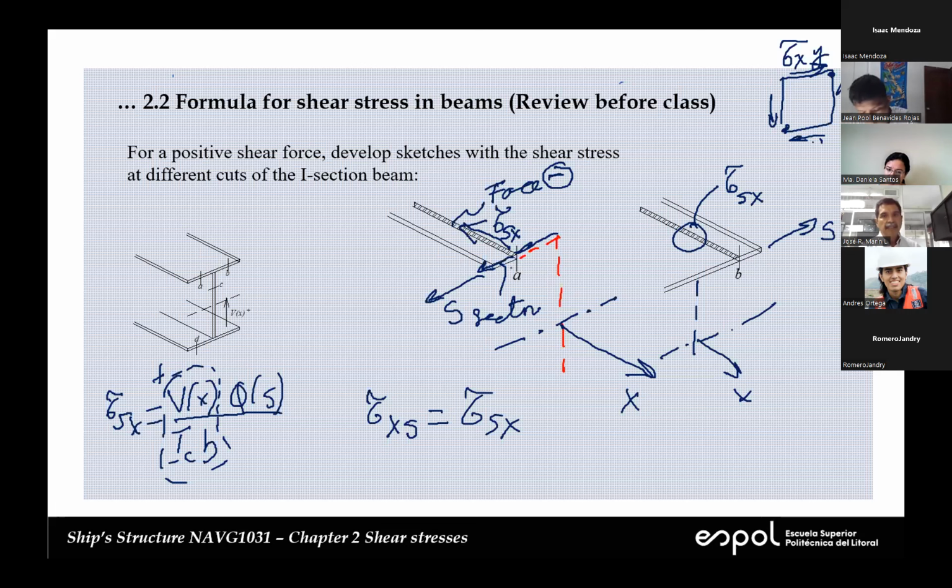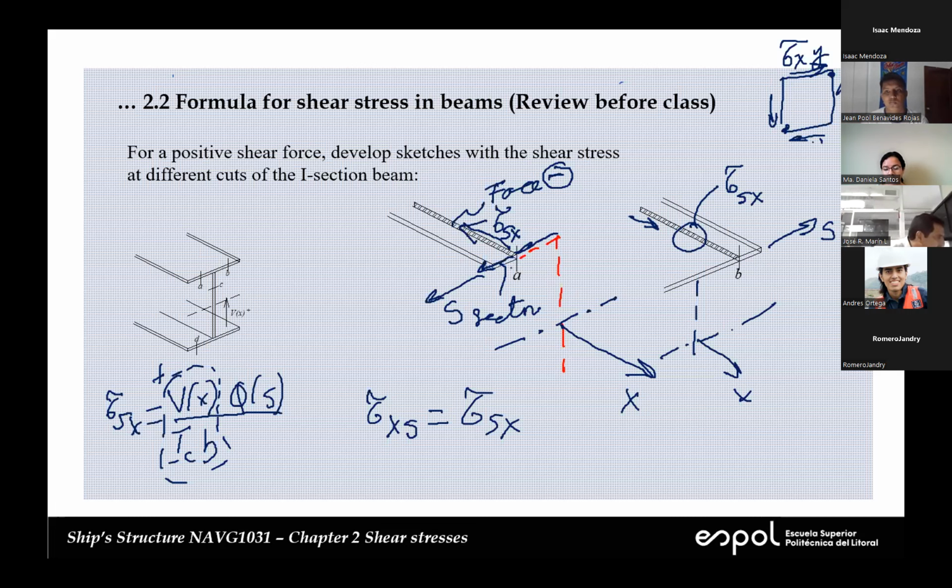Please tell me, will this tau Sx point in the positive or in the negative X direction? In the positive. So you say it points in this direction, is that correct?